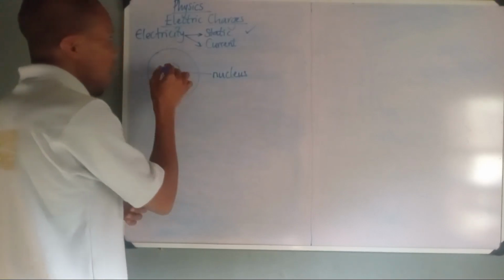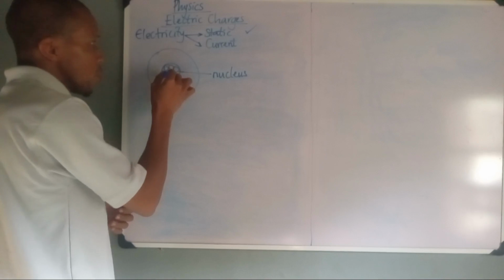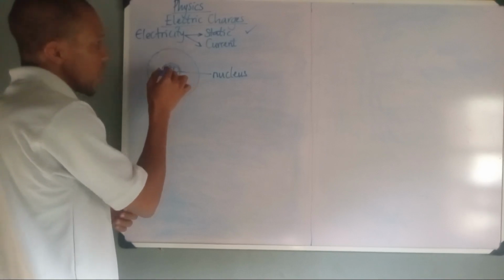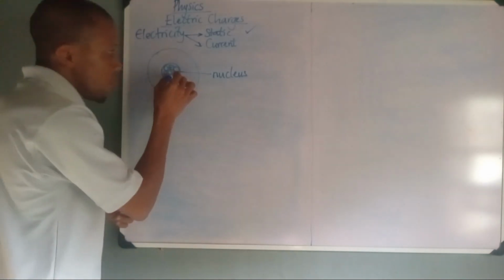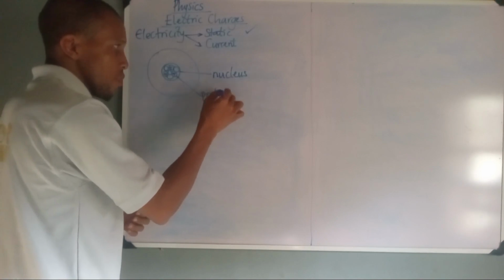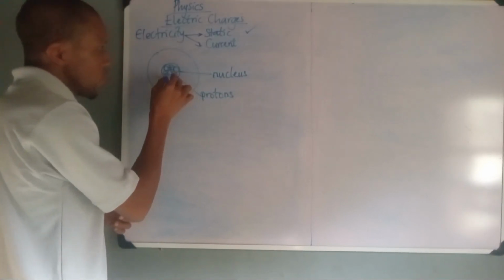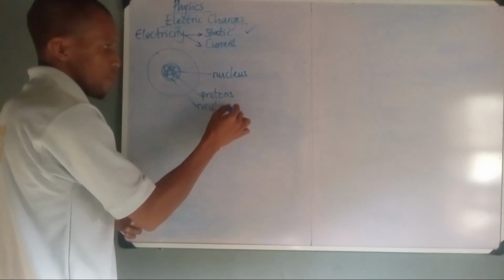Nucleus. And inside this nucleus, we even have smaller particles. Some of these smaller particles are charged. Some of them are neutral. The positively charged ones we refer to as protons. And those ones which are neutral, we refer to them as neutrons.